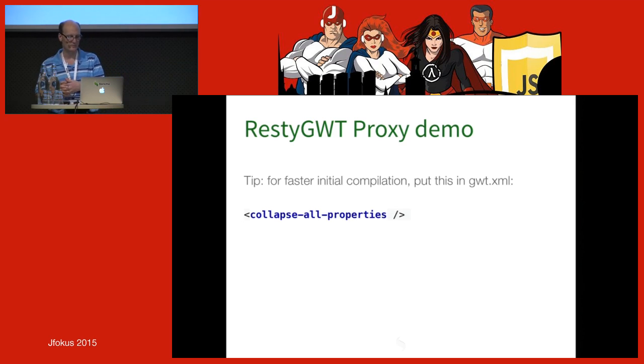But when you're first launching Super Dev Mode, it takes a lot of time, like 3 or 4 seconds typically, to create each permutation. So you're better off just creating one permutation that contains the code for all browsers. It won't be as performant, and it's a little bigger, maybe 10 to 20%, but for development it's great because it saves you like over half the time typically.